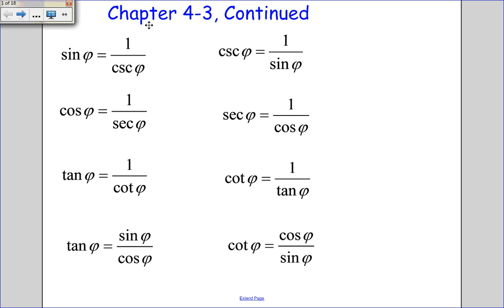In addition to this on your note card, you may want to also add sine is opposite over hypotenuse, cosine is adjacent over hypotenuse, tangent is opposite over adjacent. I would add these also.